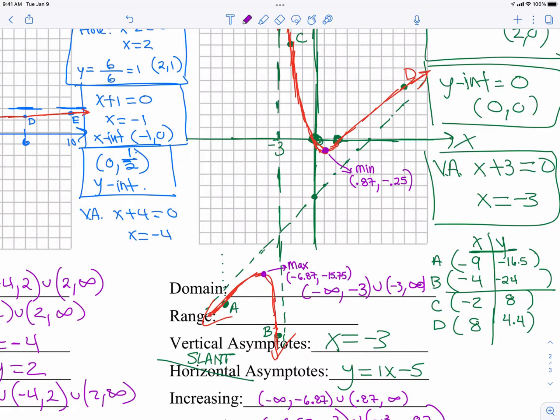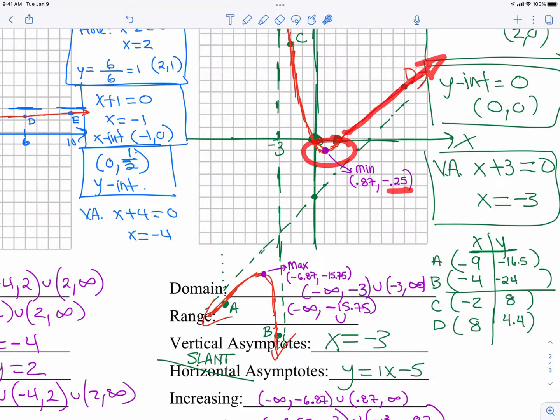So it will be from negative infinity to negative 15.75, union, and then it will continue from the minimum point, whose y value is negative 0.25, and then going up forever.